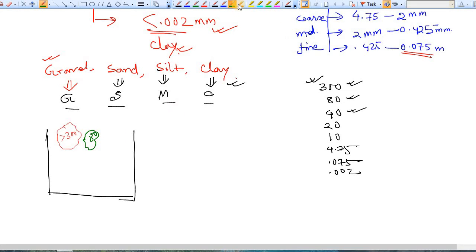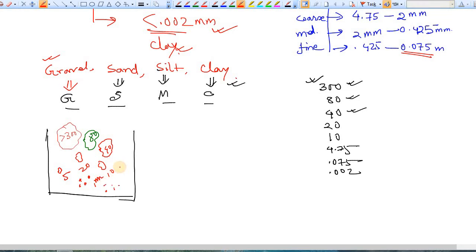Let's say this is your gravel, 40 mm. This is 20 mm. This is 10 mm. Let's say this is 5 mm. This is 1 mm.